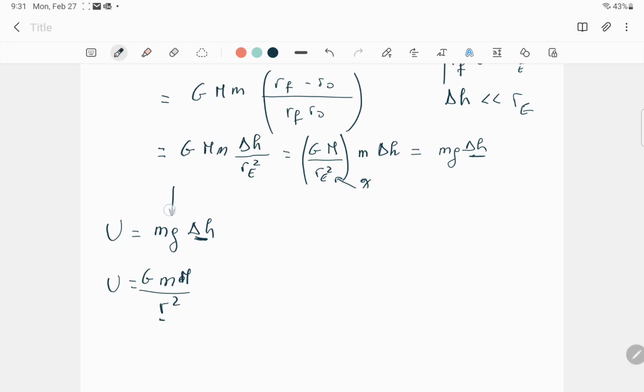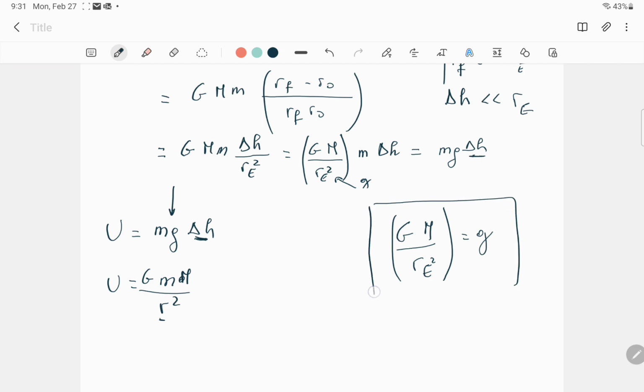If you're talking about G, the gravitational law, and you're comparing the G on the Earth, then you know that the GM over the radius squared of the Earth is equal to the little g. So if those are all the premises, then you can shortcut your gravitational law and write this expression here.